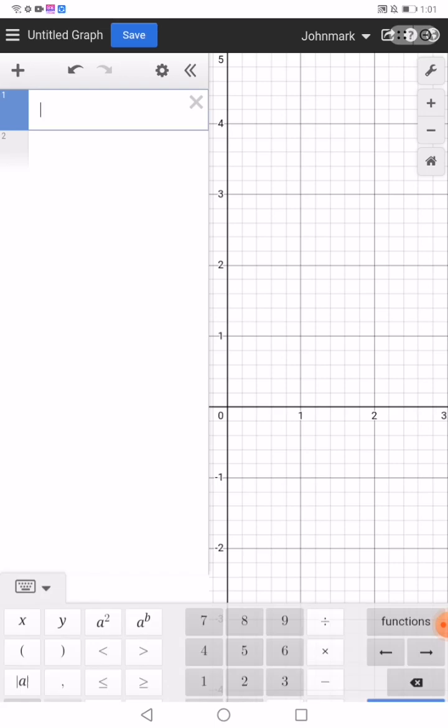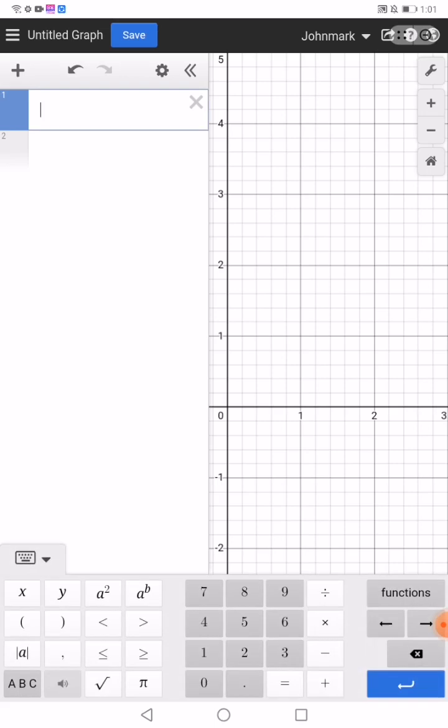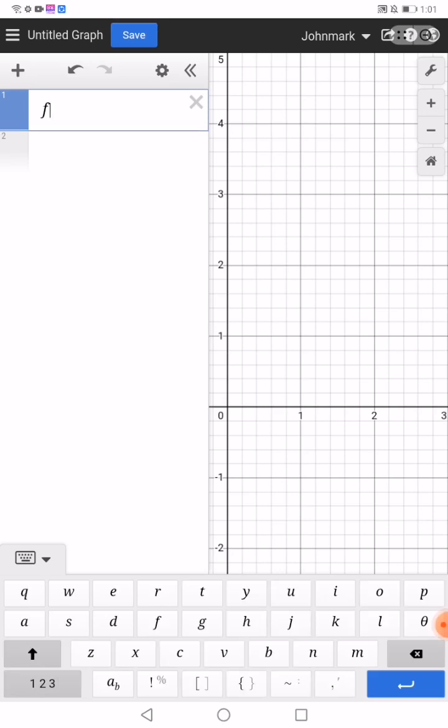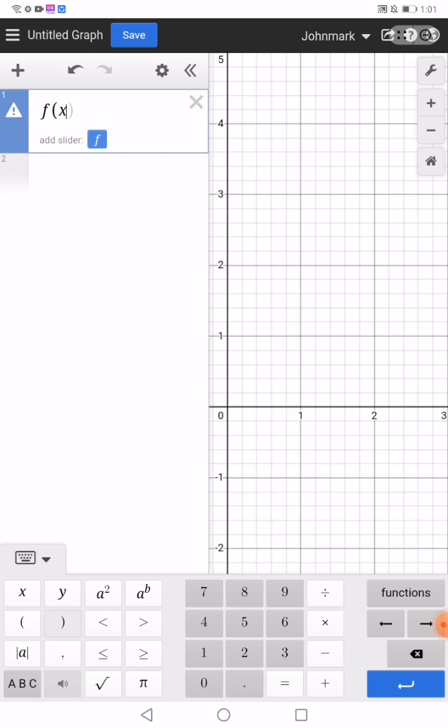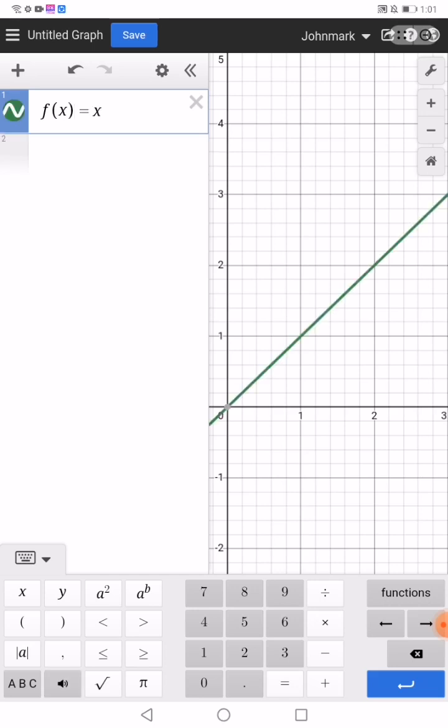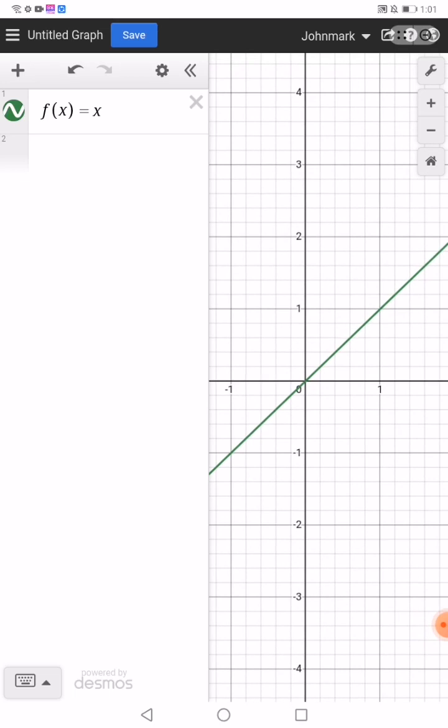So also it would start with converting a real number into a certain interval at any given point on the real number. For example, if we have the function of x equals a real number, you see this green line.